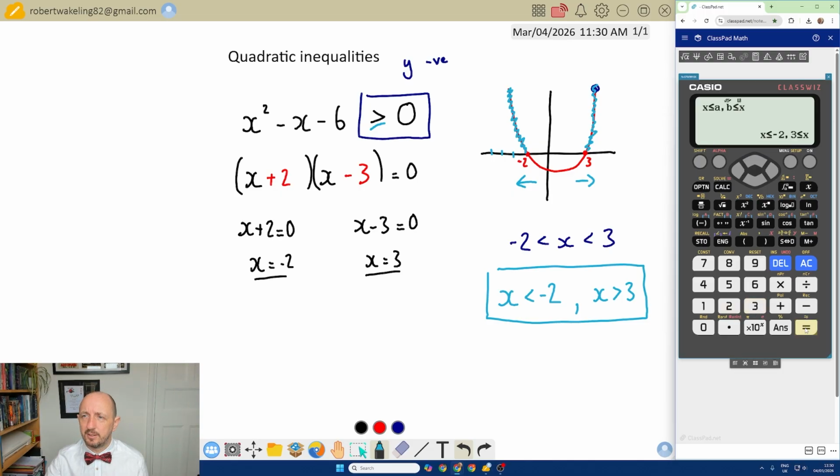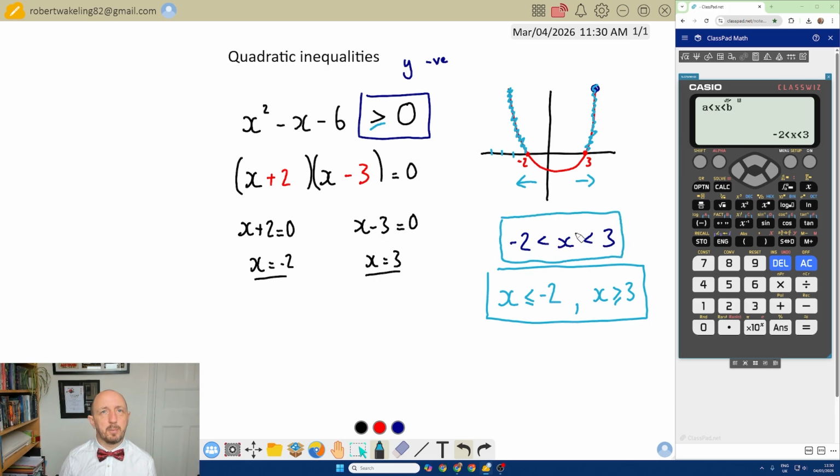Same numbers. The only difference is it's got the line underneath for both of these. Okay, if I change it into the less than that we had at the beginning, you can see that it's got that answer straight away. We can just literally use that in our response.